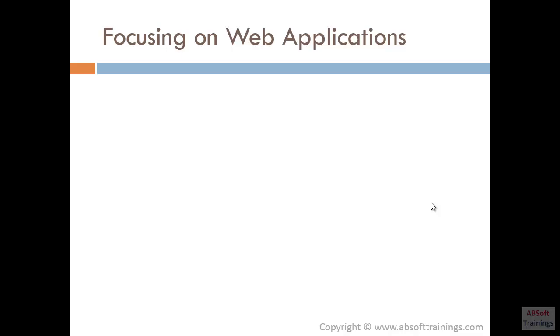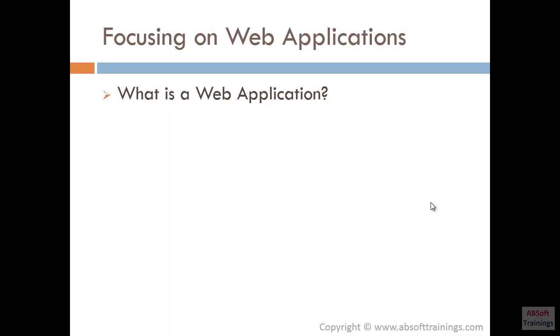Now let's focus on web applications, because using Selenium we are going to automate web applications. So let's look into more about web applications, web testing, and then using Selenium what types of areas we can automate for web applications. So, general question, what is a web application? In our daily lives we are using web applications like Gmail or Yahoo Mail and other e-commerce applications, news websites.